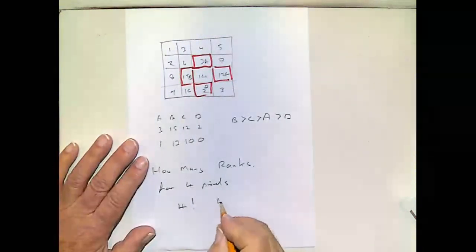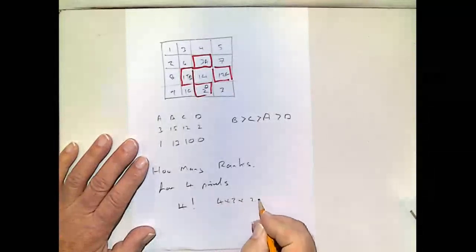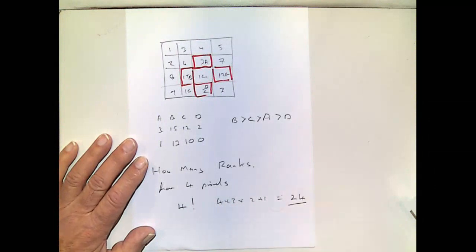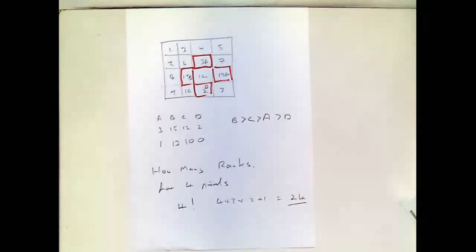It is 4 times 3 times 2 times 1, which is equal to 24, I think. So your histogram, your Coco spectrum, will now have 24 states with this 4-pixel ranking operator.